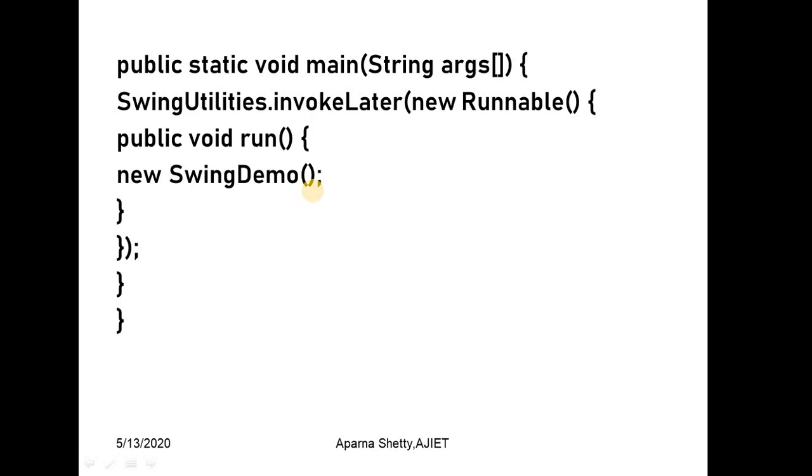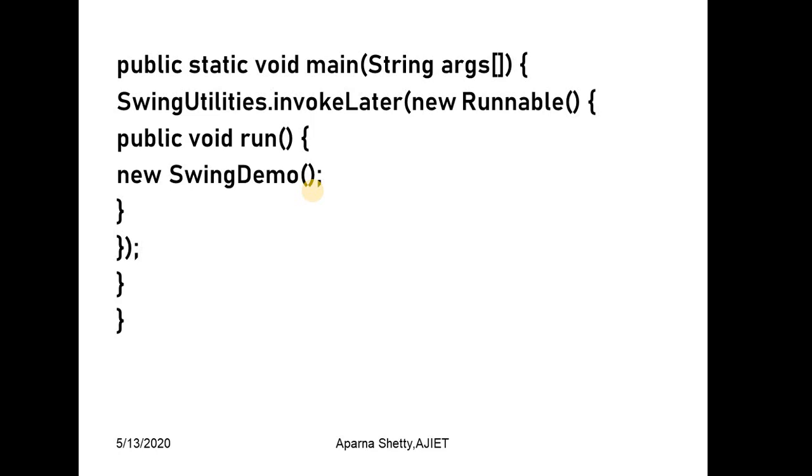So what are we doing here in the main method? Usually when the main method starts execution, a main thread is created, so the main method is executed on the main thread. To enable the GUI on the event dispatching thread, the invokeLater method is defined under SwingUtilities.